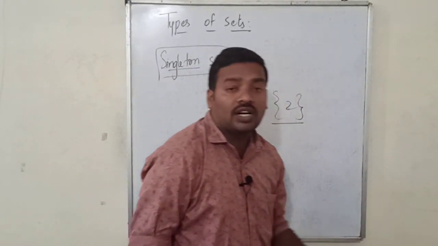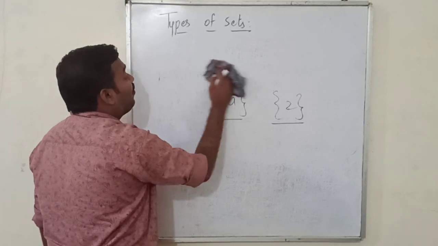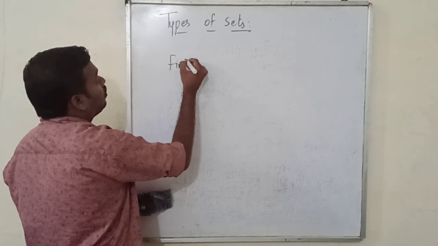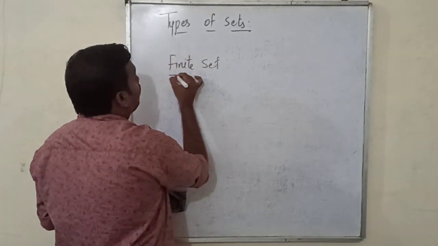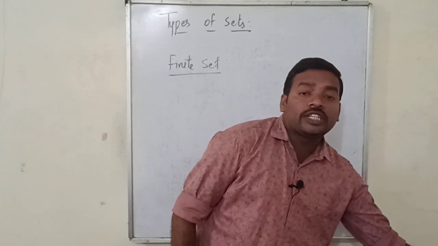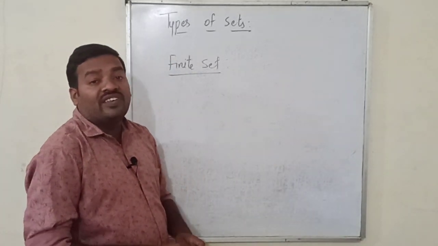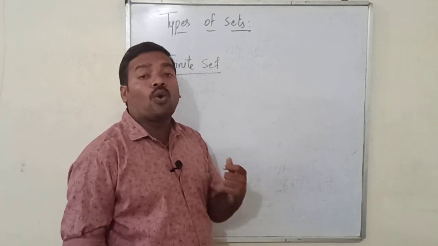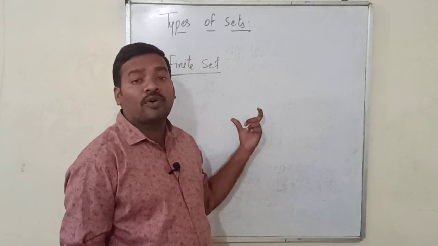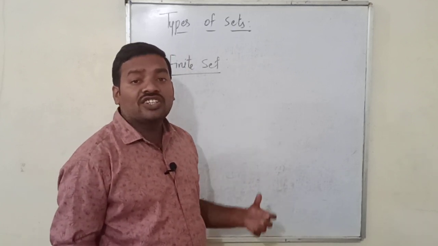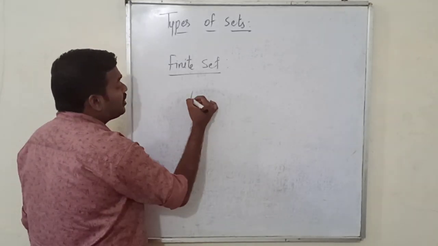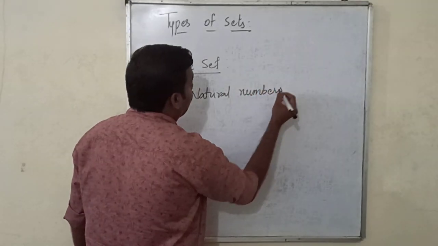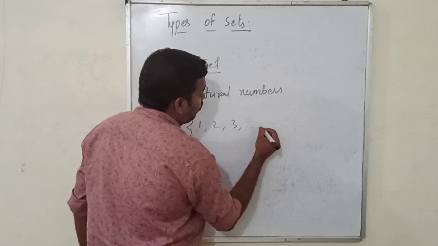Next we shall go for finite set. The set which contains countable number of elements. That means we can count the number of elements in that particular set. Then that type of set is known as finite set. Natural numbers up to 100: 1, 2, 3, and so on up to 100.